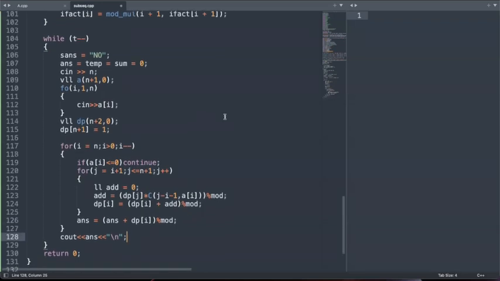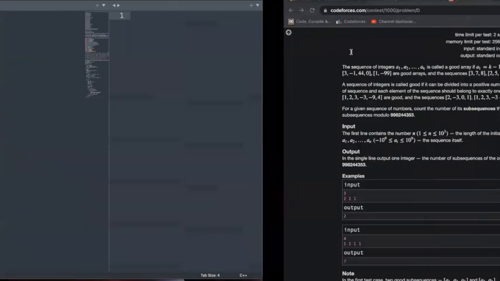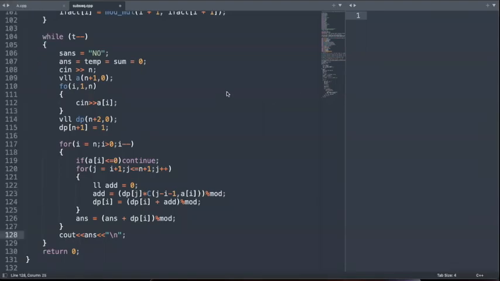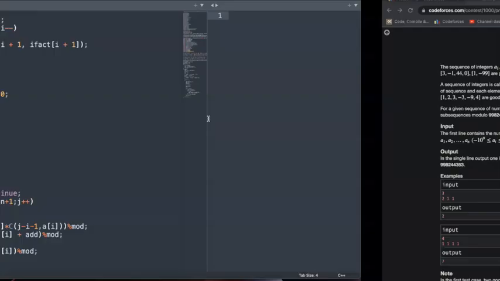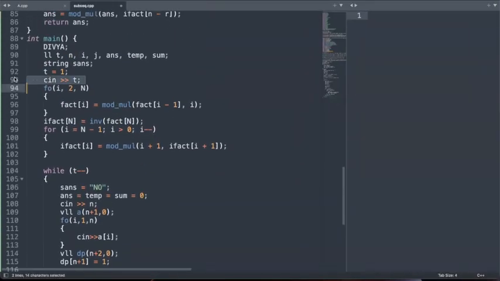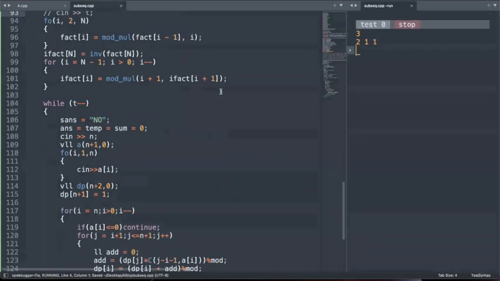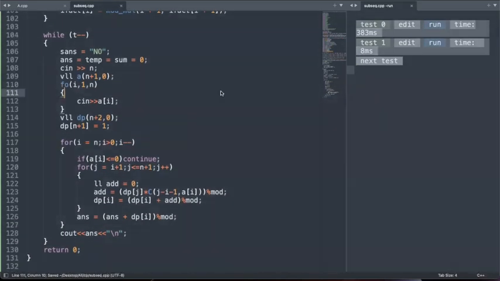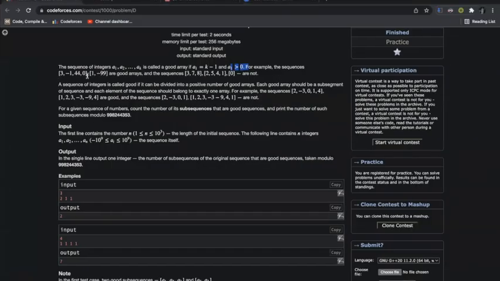Right? So this should probably work. Also, I don't think there are multiple test cases here. Yeah, it makes sense. So let's just submit this.